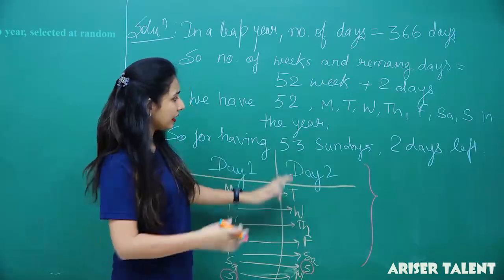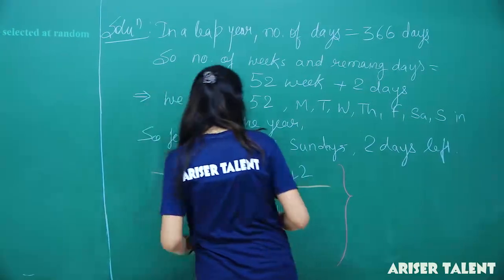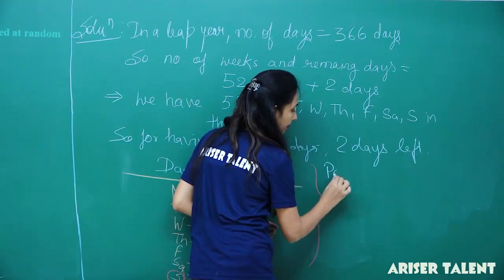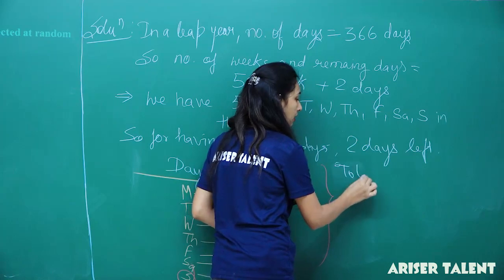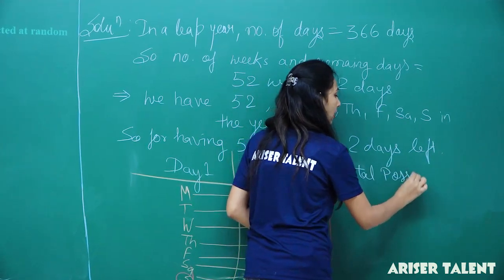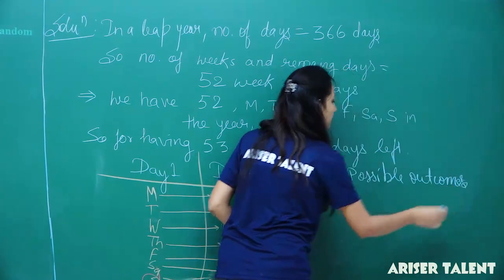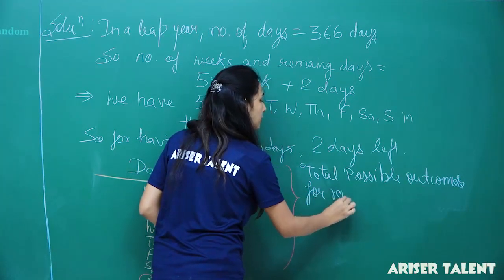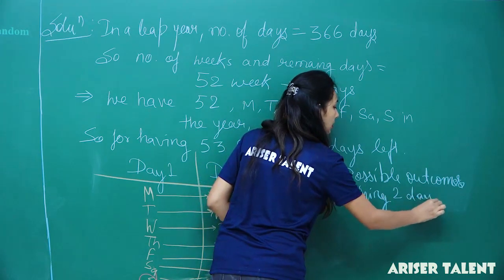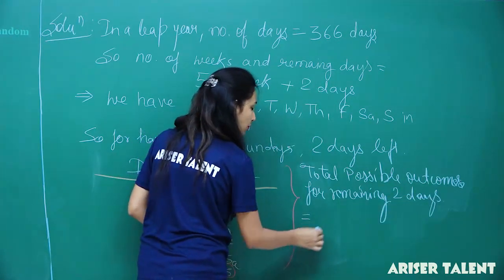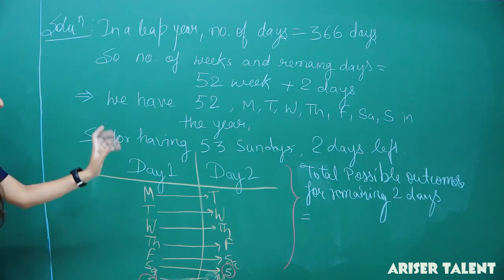If I cut it short in language, I'll write it as total possible outcomes for the remaining 2 days equal to what? 1, 2, 3, 4, 5, 6, 7. You can write it in set form also.